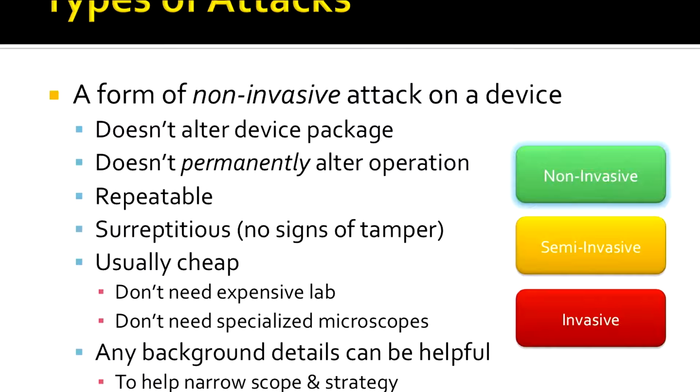And it's repeatable, which means you can start glitching, stop, go away for a little while, come back and do it again, and it's not going to harm the device. It's also surreptitious, which means there's no milling or drilling or etching, so it shouldn't look like you actually did anything to the chip physically. It should just look normal.